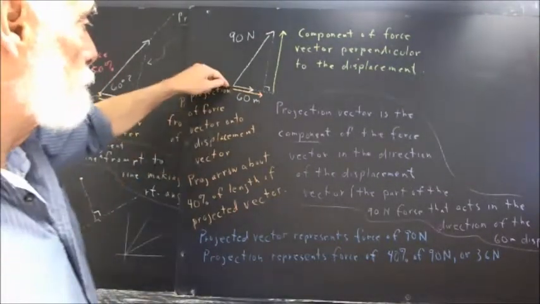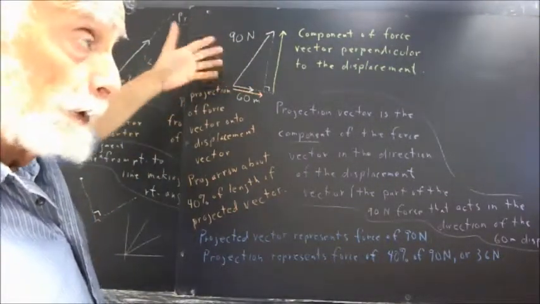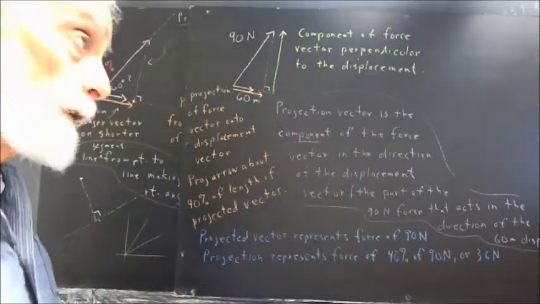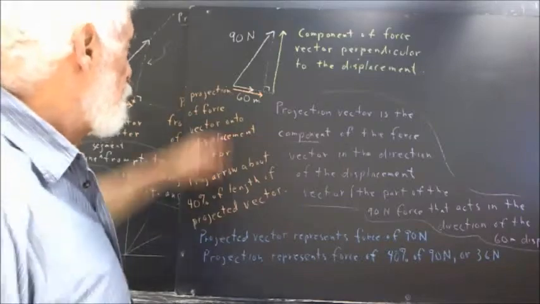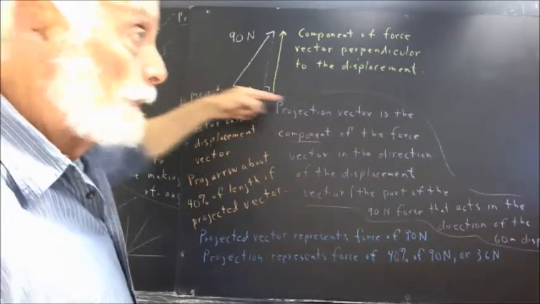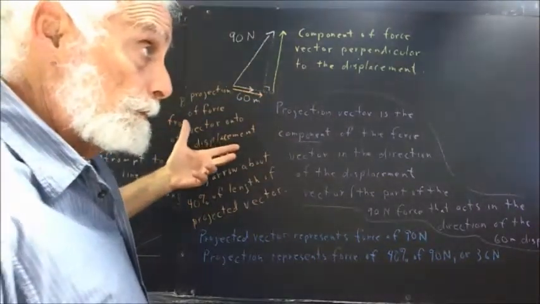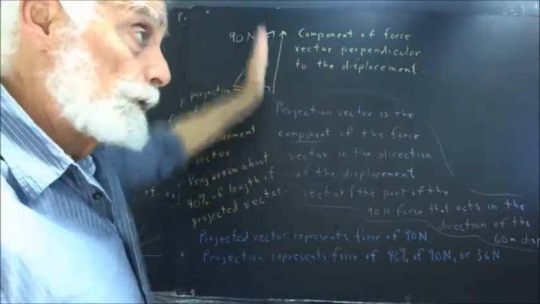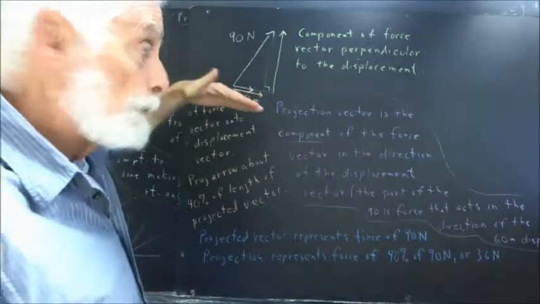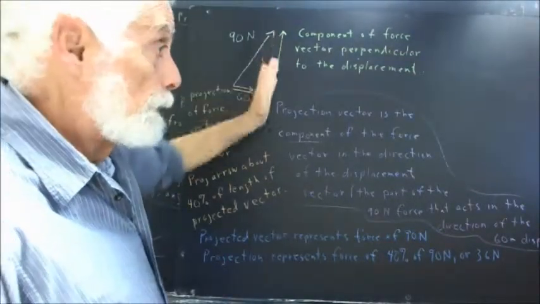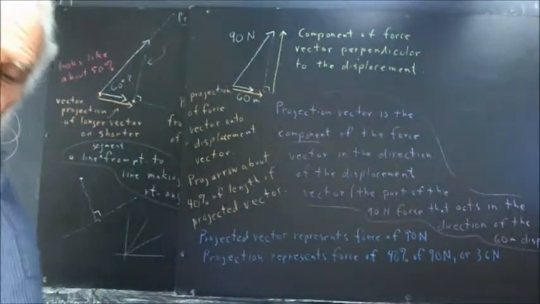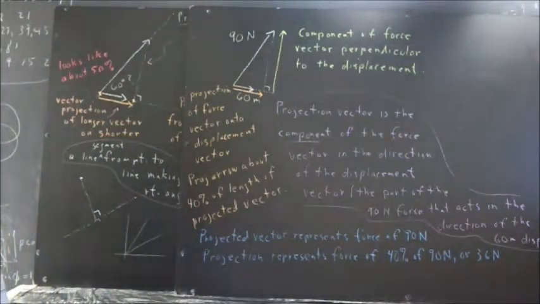If this happens to be the net force on an object, then this component is going to speed the object up. This component is not going to speed the object up, it's going to change its direction. So if I'm trying to move this way, and I've got a force in this direction, it's going to change my direction. Again, you don't have to know that, but it's worth storing away.